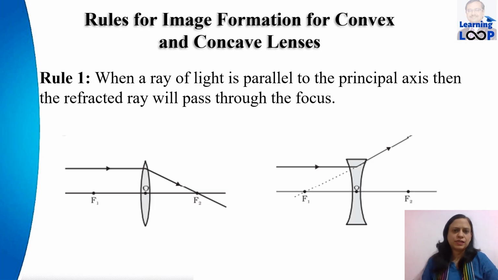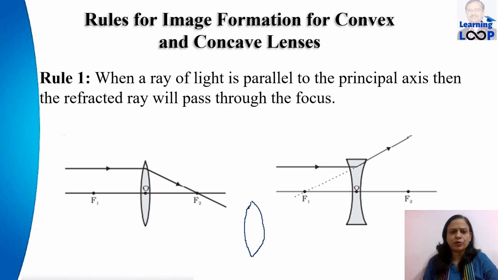So these are the rules which we'll be using for drawing ray diagrams for lenses. Rule number 1 says when a ray of light is parallel to the principal axis, then the refracted ray will pass through the focus. This is applicable both for convex as well as concave lenses. When we draw the basic structure for the lenses, keep in mind that you can draw this either using a compass or freehand.